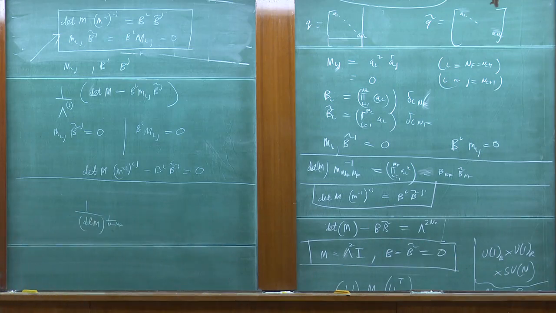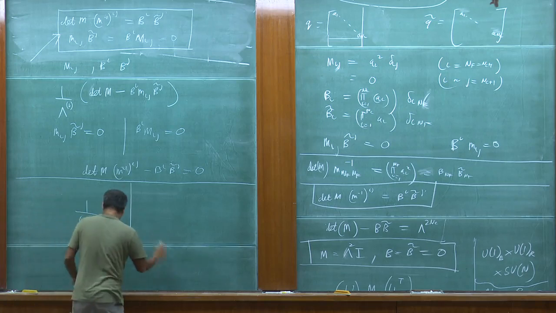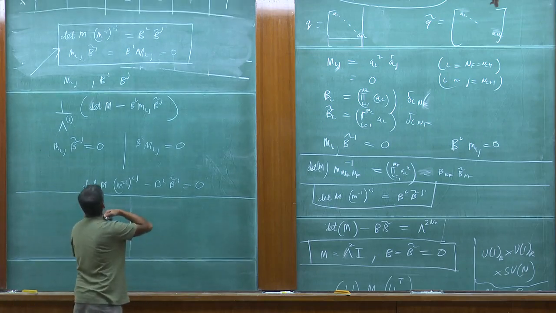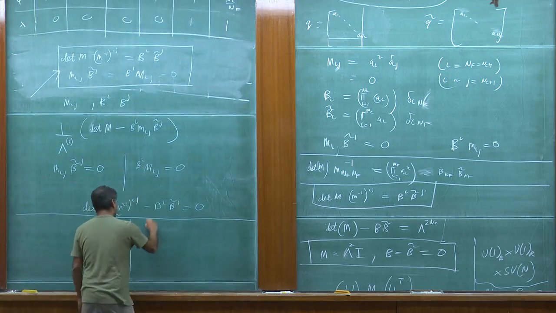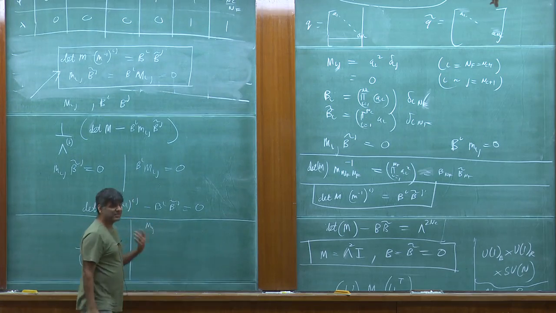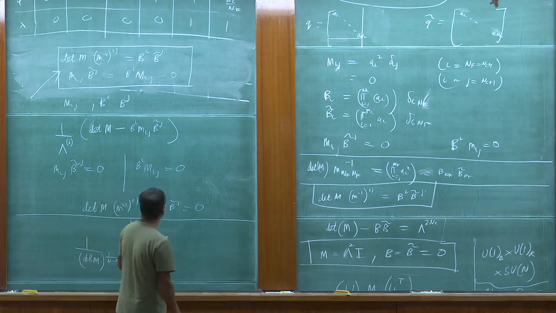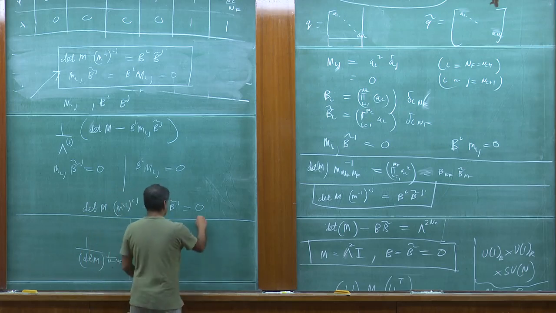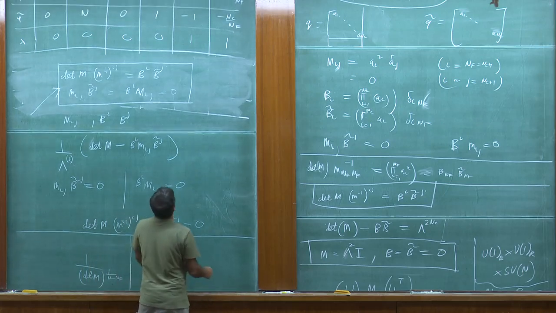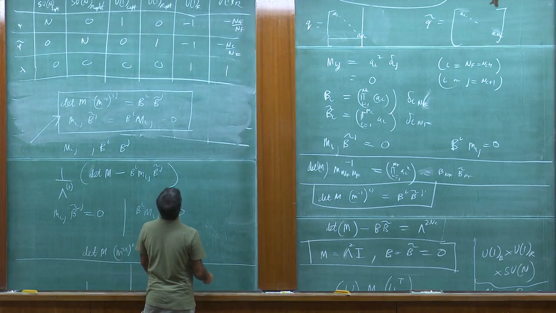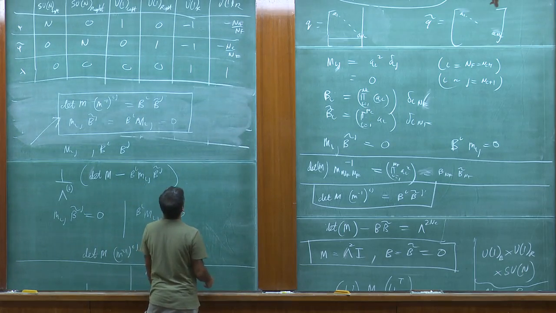Well, let's see. So, M ij has the R charge of twice that of psi.